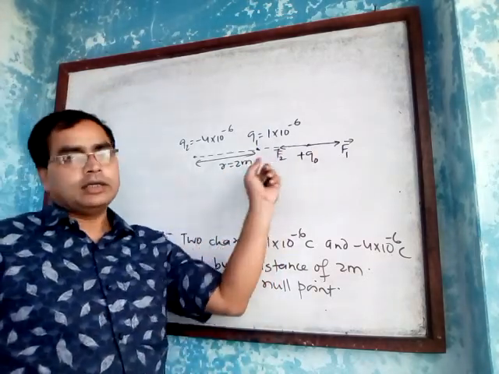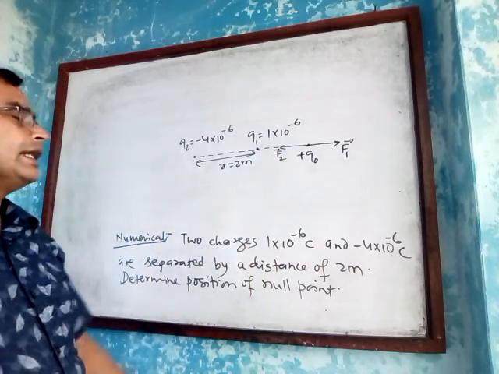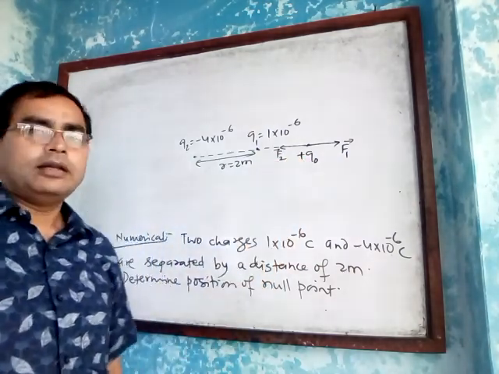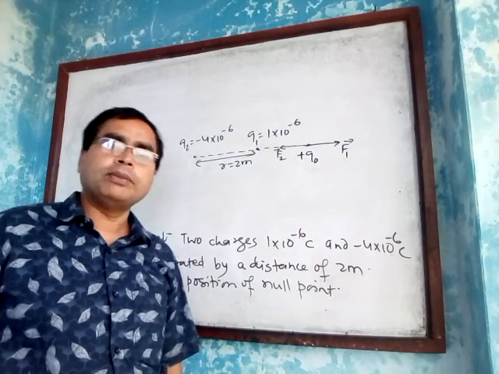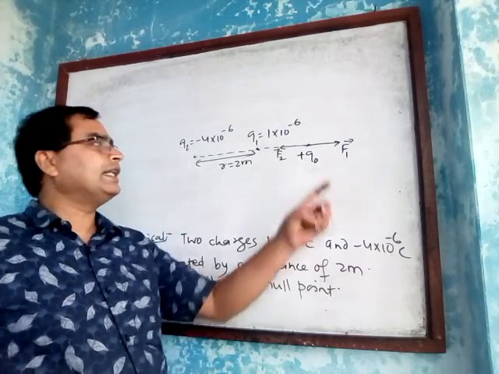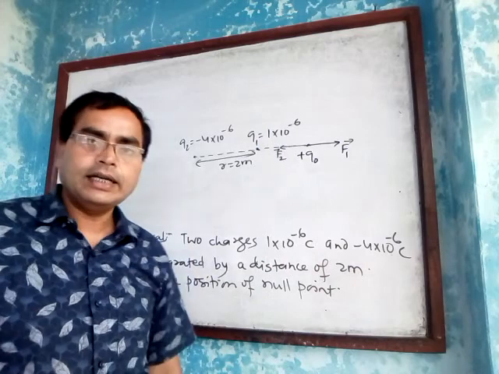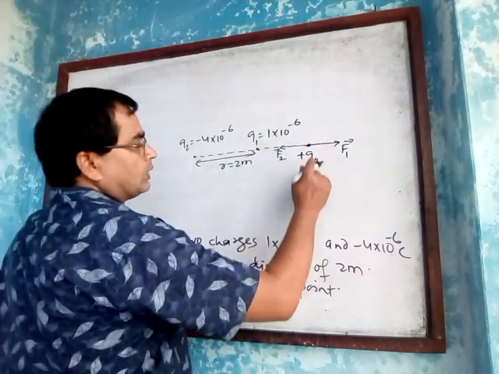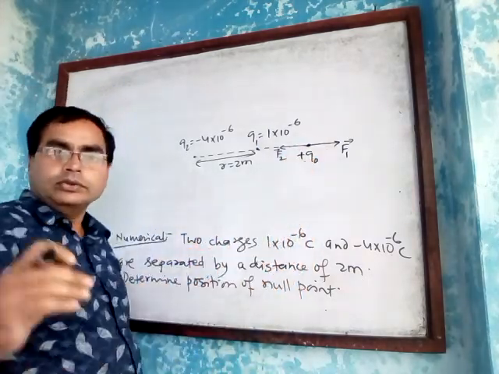They are opposite to each other. Their value must be the same. Only then can they cancel each other, and Q naught will be at the null point.